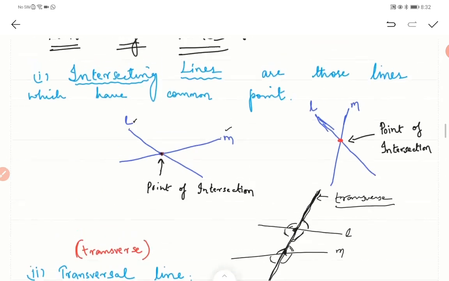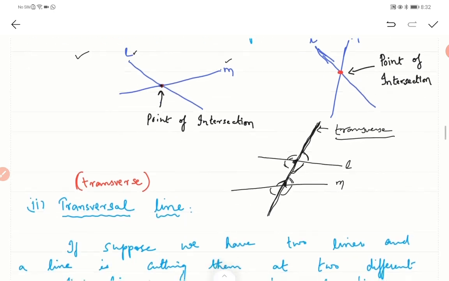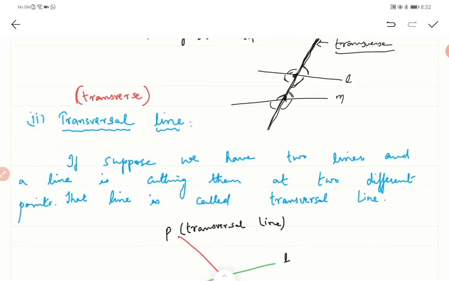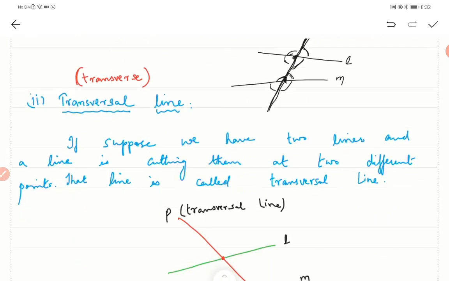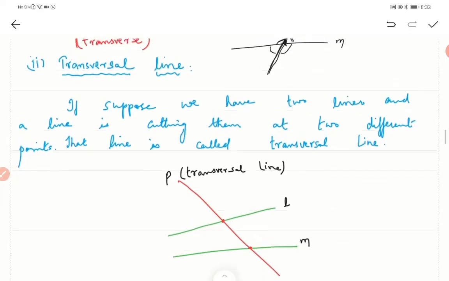Before, we studied the angles formed by intersecting two lines. Now we are going to study the angles formed by a transversal line.